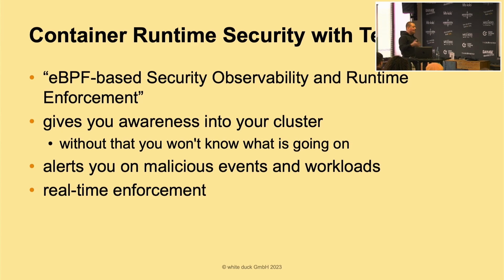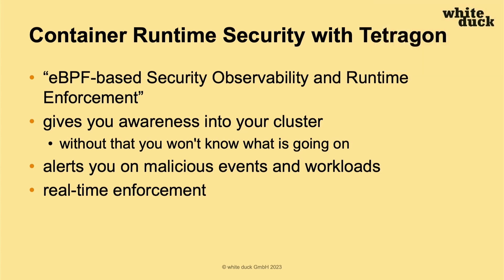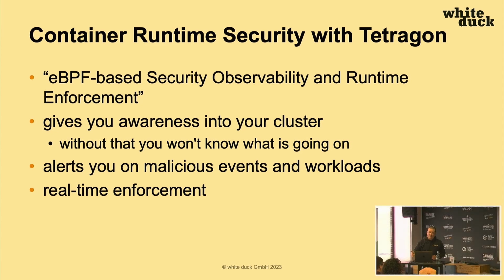Basically, Tetragon helps you to get awareness into your cluster. Tetragon can find any malicious, unwanted workload processes in your containers, anything running in your Kubernetes cluster you don't know about. So it gives you awareness and also real-time enforcement, basically killing a process in a container or something else.